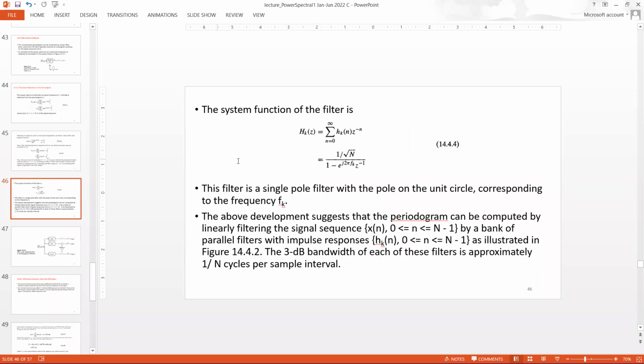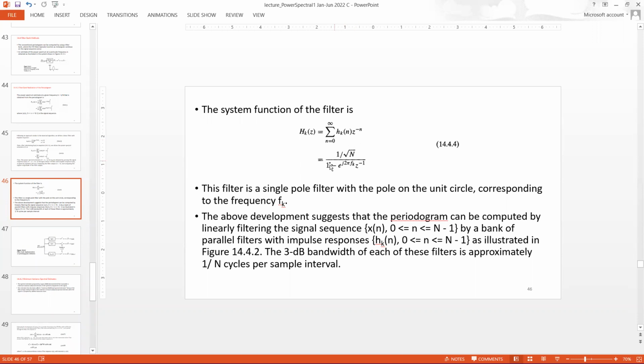Now the system function of the filter, if we express it this way, then here the parameters, see here, n to infinity, hk n z inverse n.